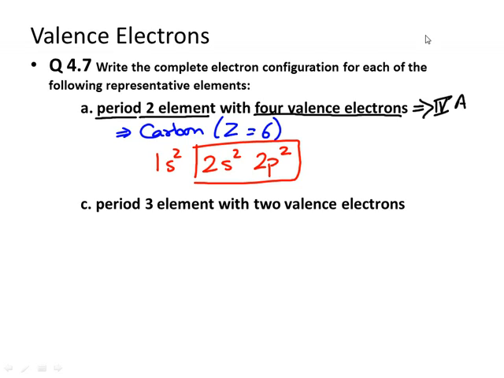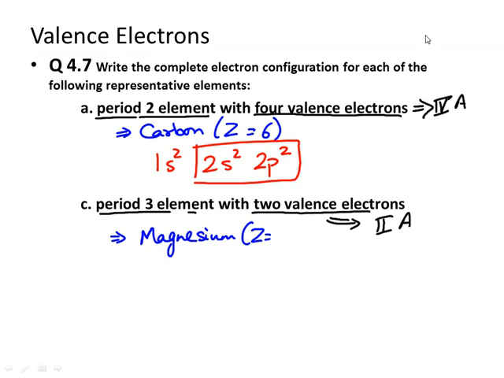In exactly the same way, once again, a period 3 element that has 2 valence electrons. If it has 2 valence electrons, it means that this element belongs to group 2A. Which element would that be? Absolutely right. This element here is magnesium, with a Z value of 12.